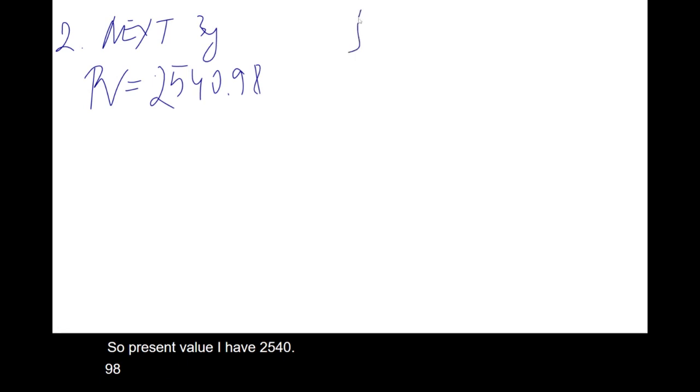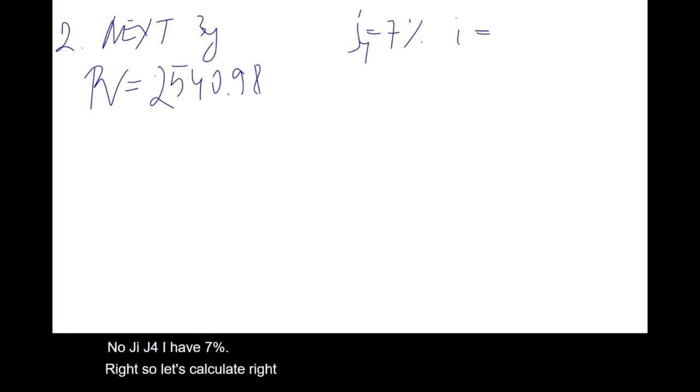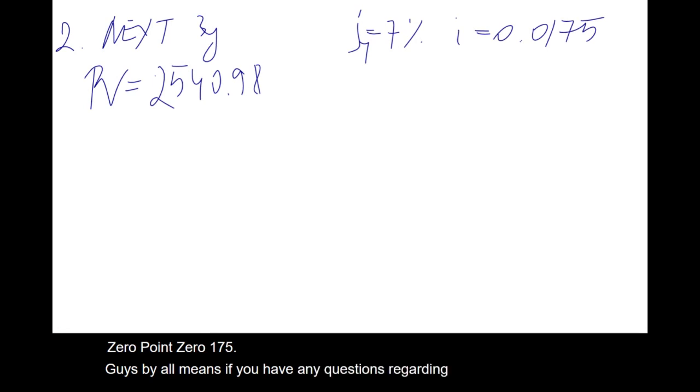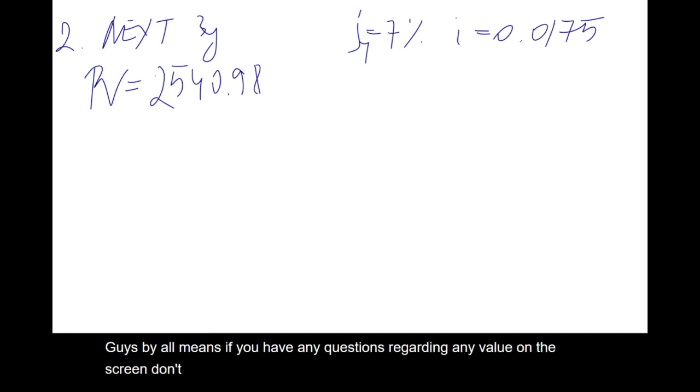Now J4, I have 7%, right? So let's calculate right away: 0.0175. Guys, by all means, if you have any questions regarding any value on the screen, don't hesitate to ask.